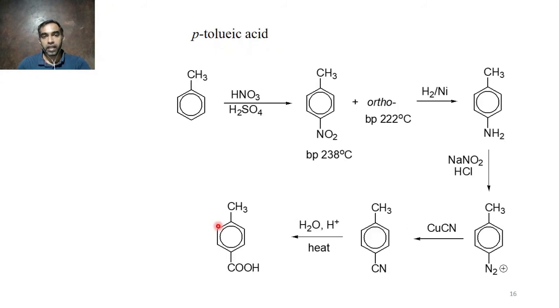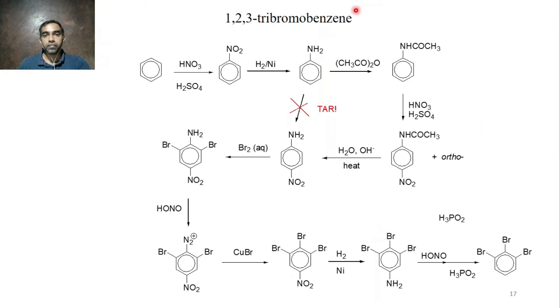Okay, para-toluic acid, synthesis of para-toluic acid. Okay, you convert to nitro, then amine, then you convert to this, and cyanide you hydrolyze, you will get para-toluic acid. 1,2,3-tribromobenzene. So convert to nitro, amine, then NHCOCH3, then do the nitration, para-nitro, then deprotect this NHCOCH3 to NH2, and then you do bromination.